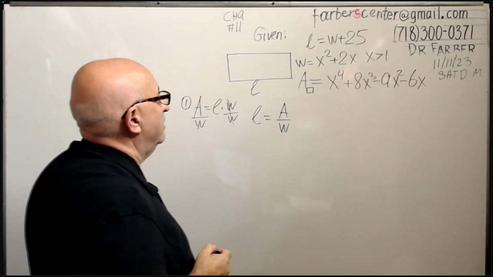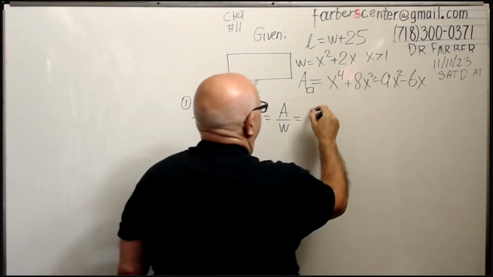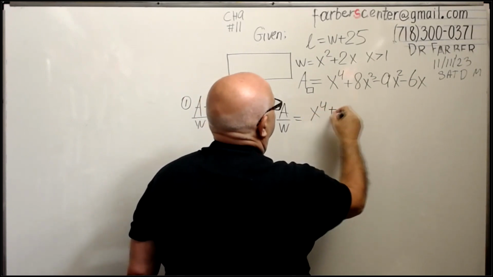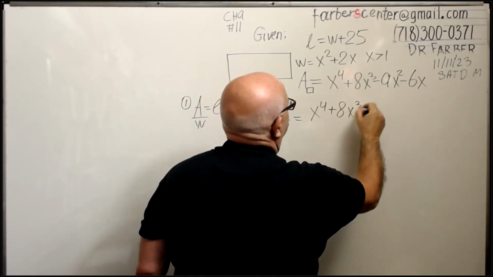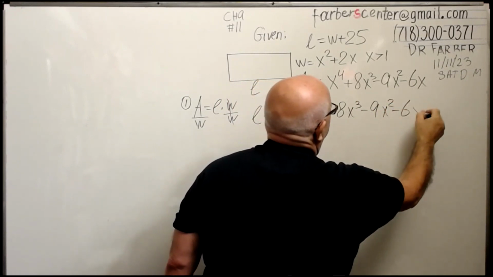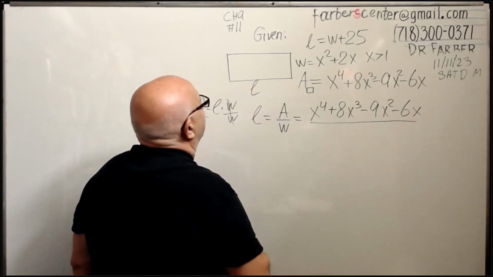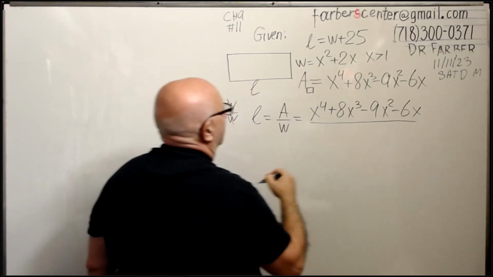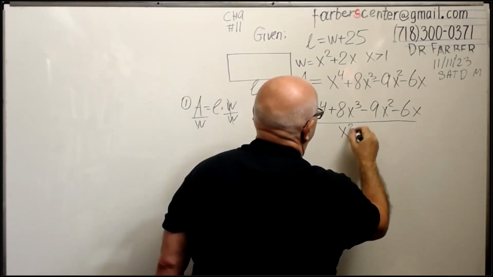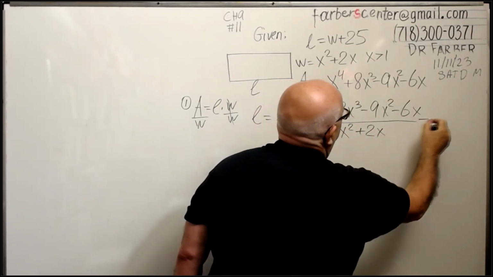No questions, right? But what is our area? Area equals x to the fourth plus 8x to the third plus 9x to the second minus 6x. What is our width? x squared plus 2x.